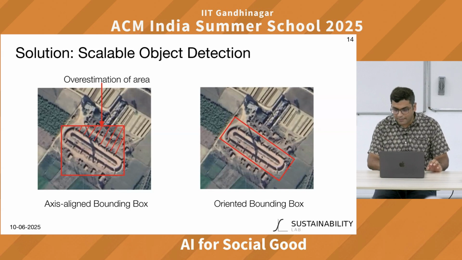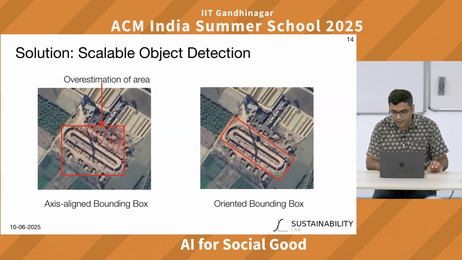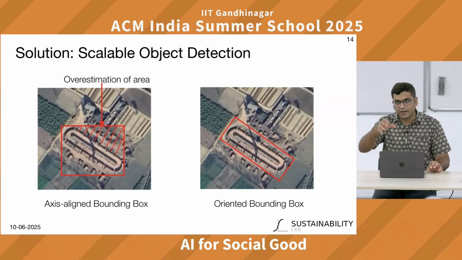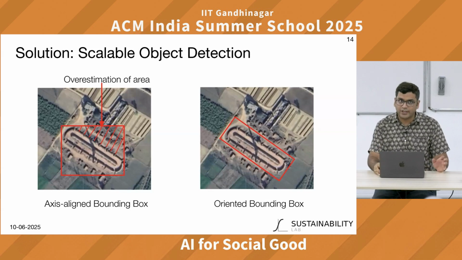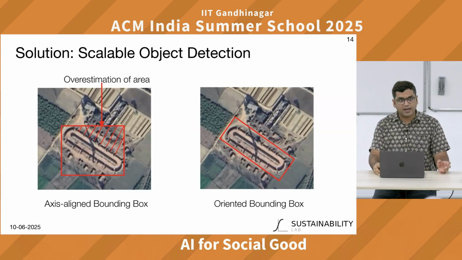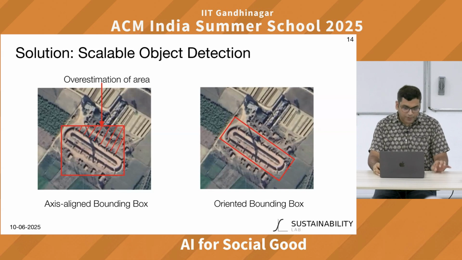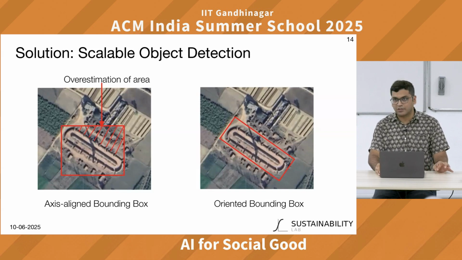But in this case, perhaps what is more important is an oriented bounding box, which is tightly oriented and can align well with the brick kiln dimension. So it's perhaps more useful to figure out the exact area. The area is going to be a very good proxy for the number of bricks you produce. The number of bricks you produce will be a very good proxy for the emissions that you have.